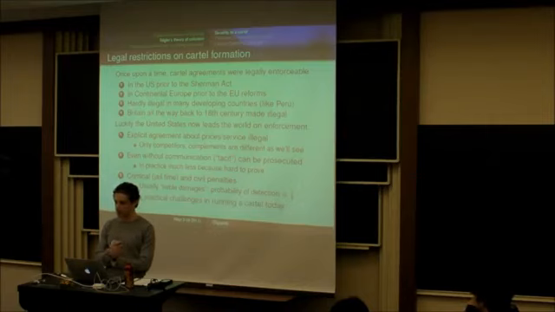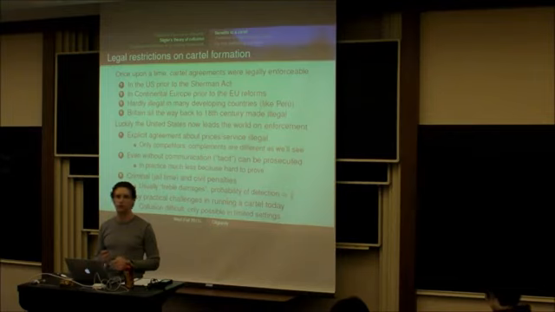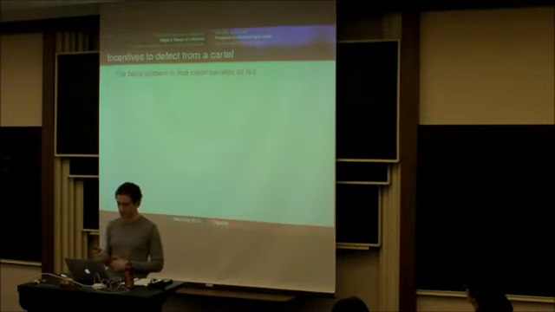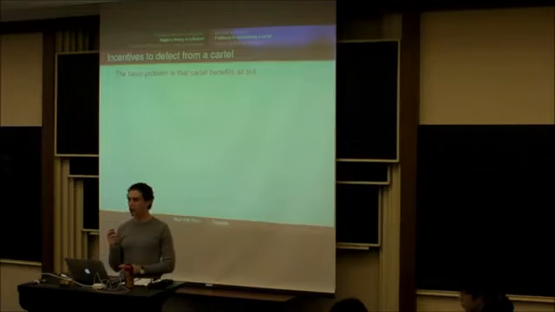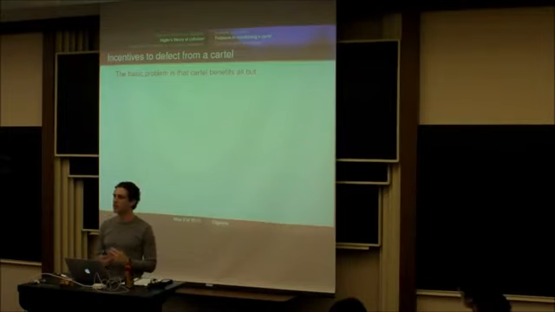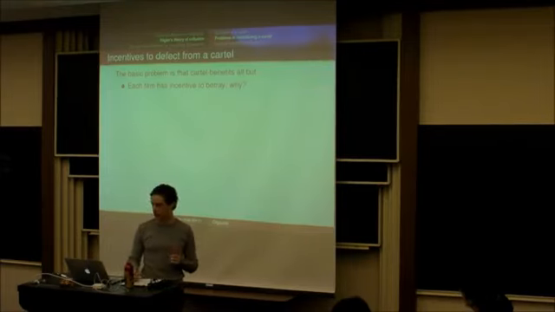So there are many practical challenges today in running a cartel, and this makes collusion difficult and only possible in some very limited settings. Okay, so the basic problem people face in trying to form and maintain a cartel is that a cartel is going to benefit all of the members of the cartel, but each firm is going to have an incentive individually to betray the cartel.